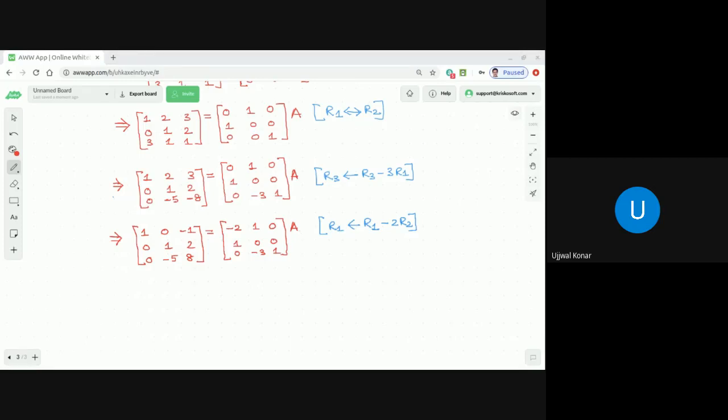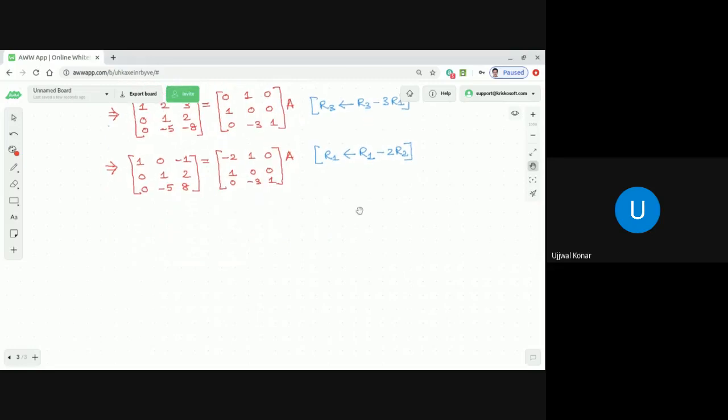What is the next operation you can think of, dear students? I am going to make the new R3 equal to R3 plus 5 into R2. So let me write the operations. You may ask, sir, what leads you to think of this kind of operation? Because my target is to transform the left-hand side matrix to an identity matrix, and that helps me understand what row operations can lead me to that result.